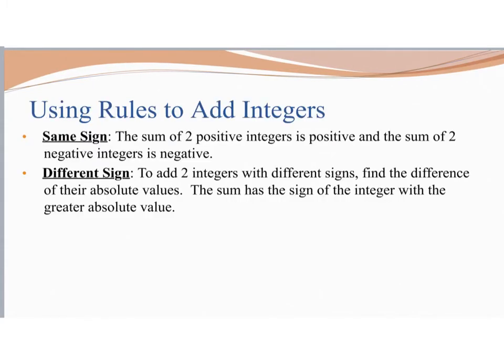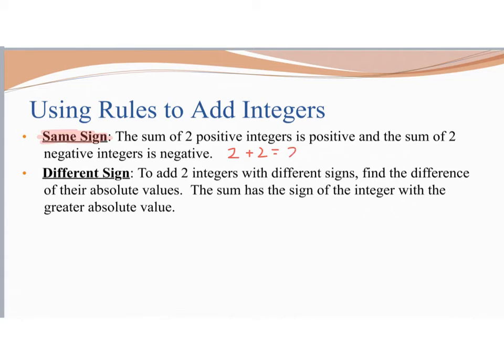So a couple things that I would like for you to take away from this is, 1, if you are adding something that has the same sign, meaning both numbers are positive or both numbers are negative, then the sign of your answer, or the sign of your sum, is going to be the same sign of the two integers. So if I write this down, let's say I have something like 2 plus 2.